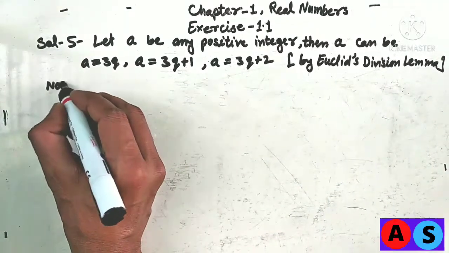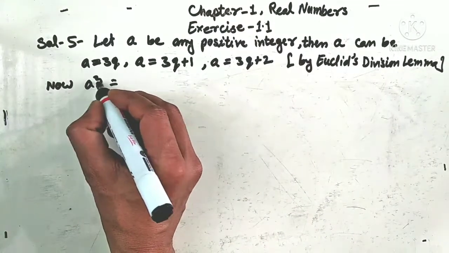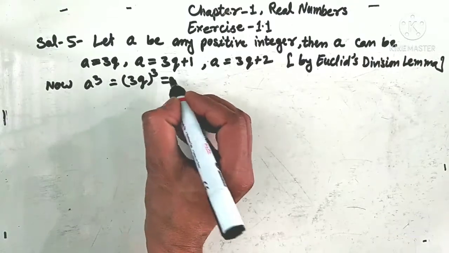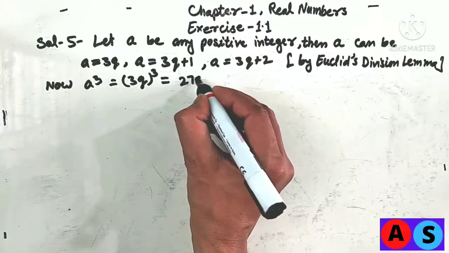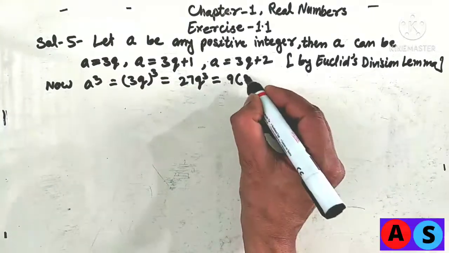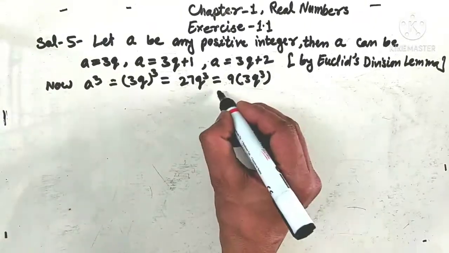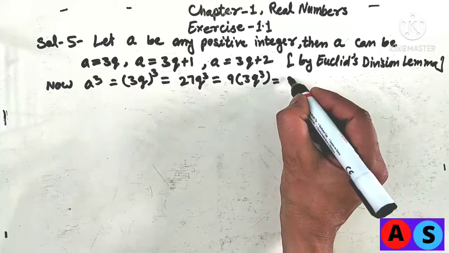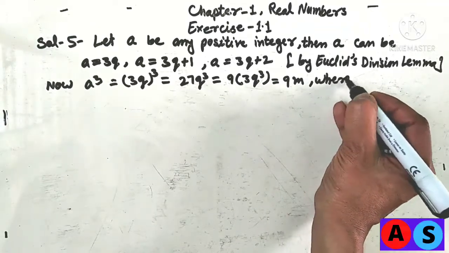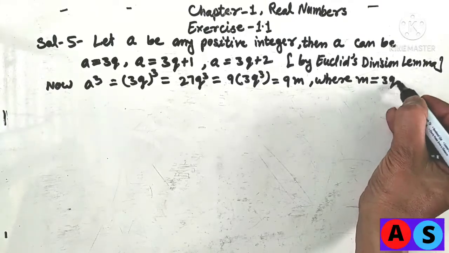Now we make cubes of these forms. a cube is equal to cube of 3q is equal to 27q cube, we can write 9 bracket 3q cube is equal to 9m, where m is equal to 3q cube.